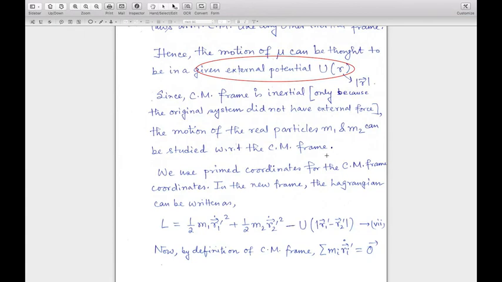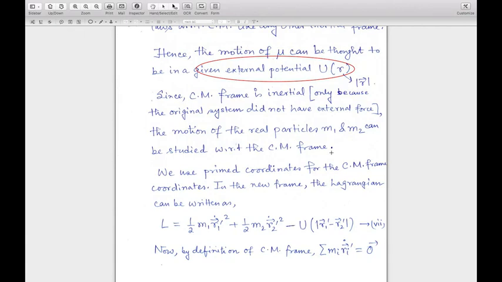That inertial frame can be just translated by Galilean transformation to the CM frame. Then the motion of the original real m1 and m2 particles can also be studied with respect to the CM frame, because this is an inertial frame.